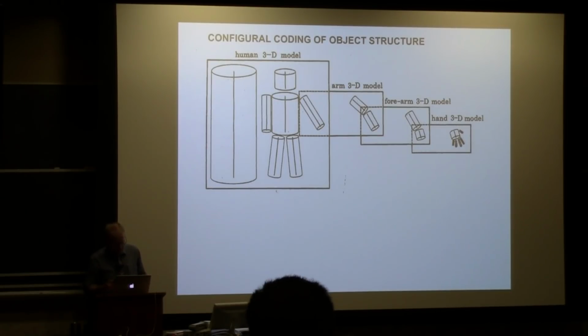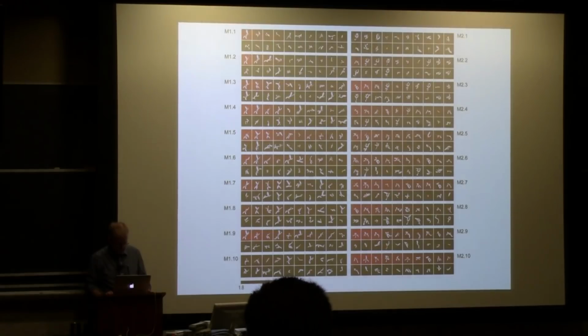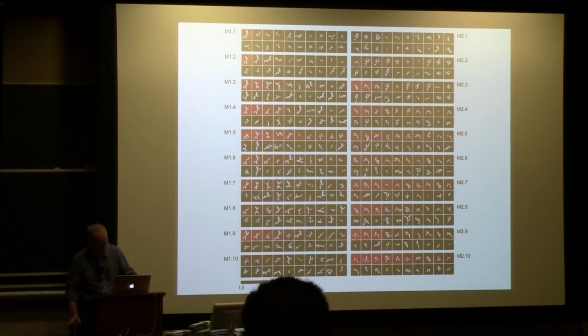And basically the idea to this particular version of configural coding is that many objects, like bodies, are represented in terms of these elongated parts, in terms of the orientation of their medial axes or skeletal elements, and in terms of the relative position of those medial axes, and in terms of the curvature of those medial axes. So here's an experiment that shows that that is indeed the case in TE.